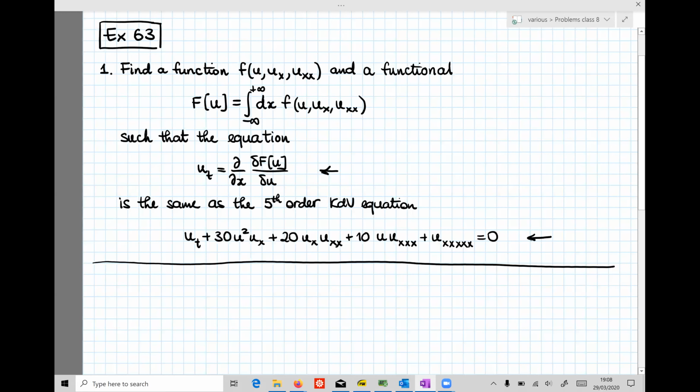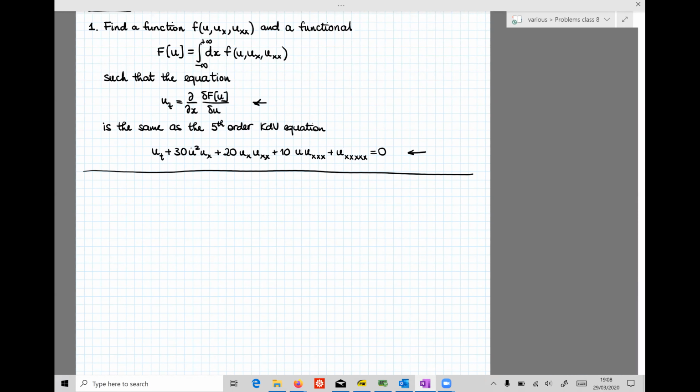Okay, so how can we approach this problem? We want to write down u_t as a total x derivative. So we want to express this quantity here as minus the partial derivative with respect to x of a functional derivative of a functional F of u that we want to determine.